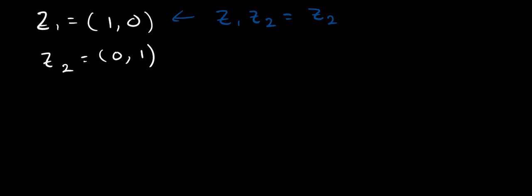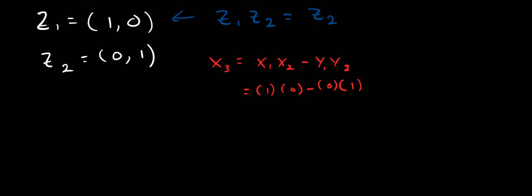So in actuality, let's use a red pen. Remember, our x3 is going to be equal to x1 x2 minus y1 y2. In this case, x1 is 1, x2 is 0, y1 is 0, and y2 is 1, and when we do this multiplication, this equals 0. So our x3 value is equal to 0.